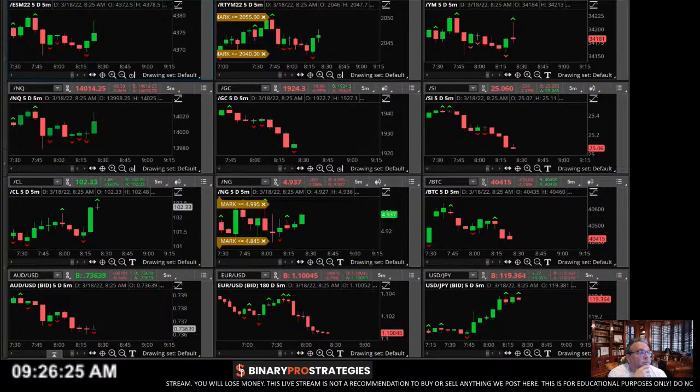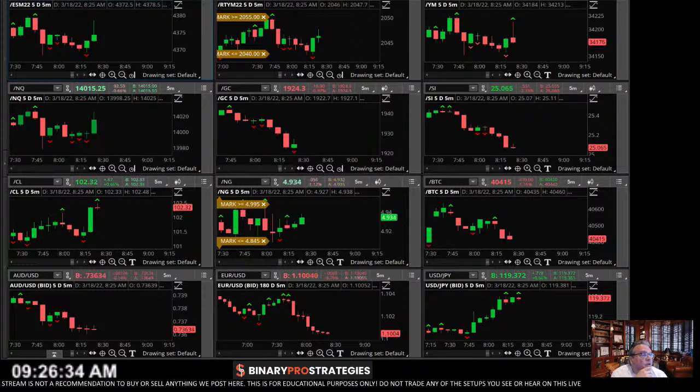ES, of course, is going to be your E-mini. Still short R2Y, nothing on ES yet. Just going to keep an eye on it. Looks like we could get a trigger here, but not yet. Still long natural gas. Natural gas is green.